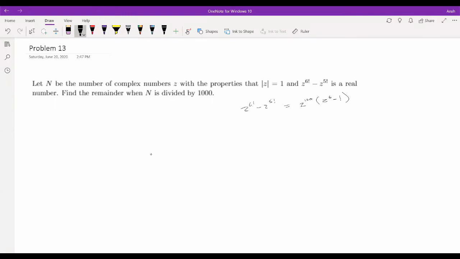Well, we want this to be a real number. So let's look at z to the 6th first. We have z to the 6 minus 1 times z to the 120. In order for this to be a real number, we can have either z to the 120 is a real number or z to the 6 minus 1 is a real number.